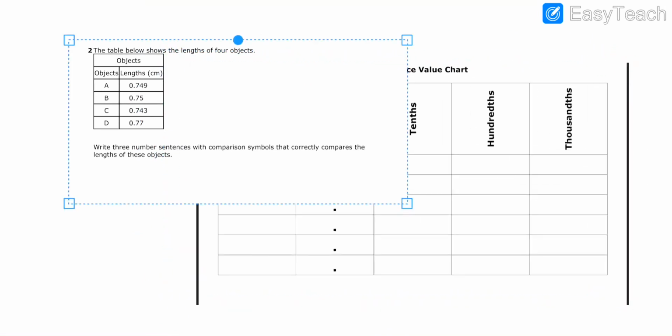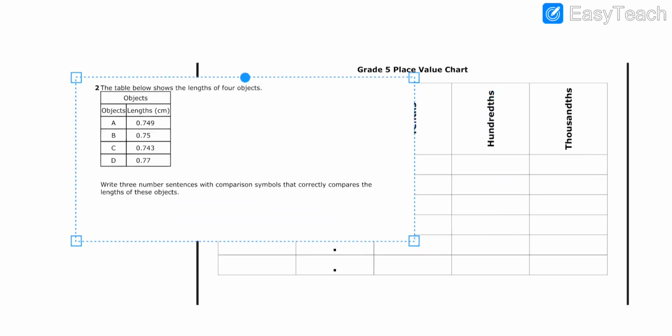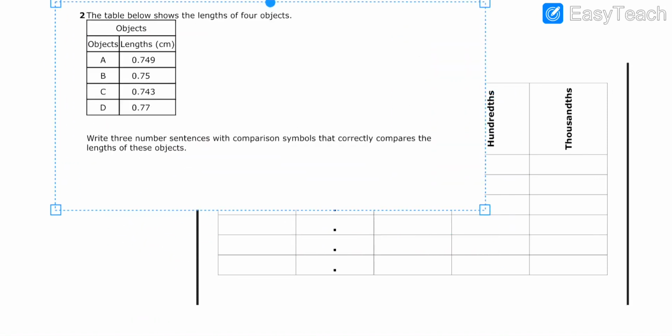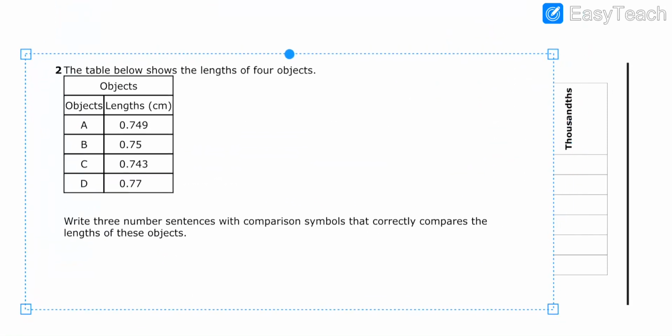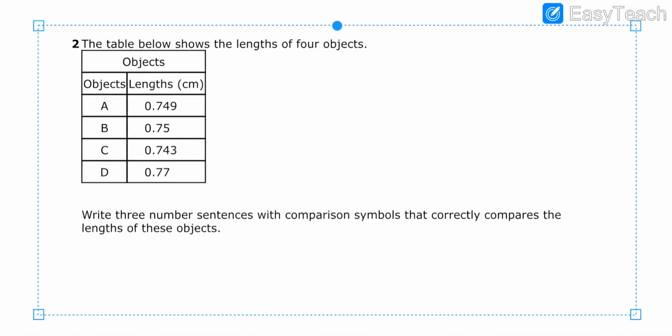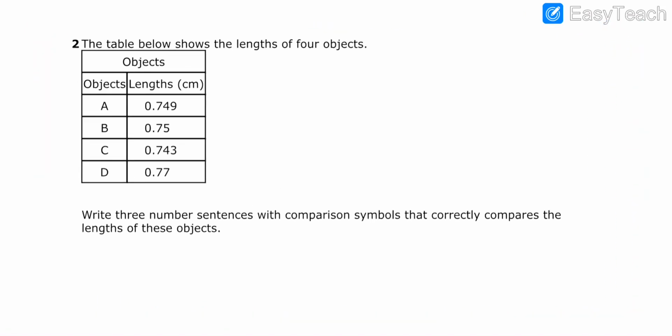All right, they want you to write 3 number sentences with comparison symbols that correctly compare the length of the object. So basically, we need to figure out which of these numbers is the biggest and which is the smallest. Typically, we would just write out the numbers and then compare from place value to place value.